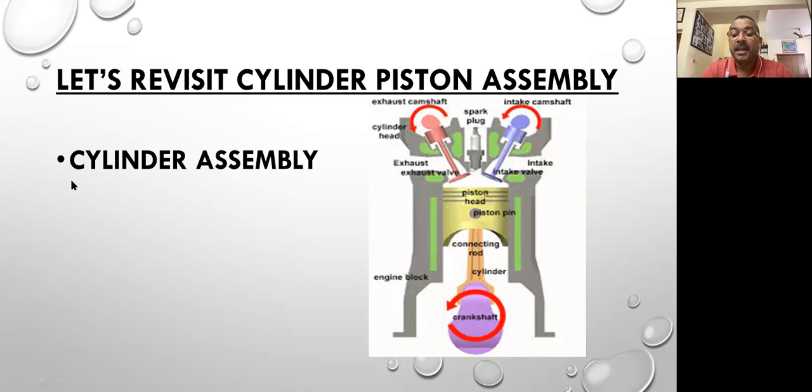At this cylinder head portion, we have an exhaust valve and an intake valve. The red colored valve is the exhaust valve, and there is an exhaust port at this cylinder head through which the exhaust gas will be emitted.